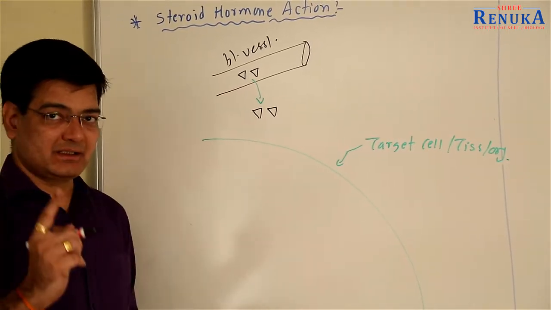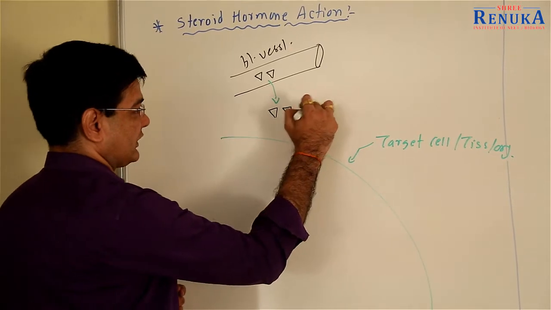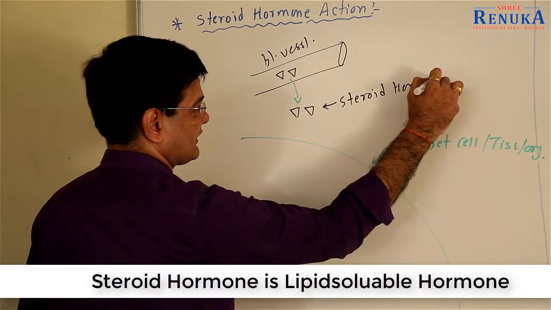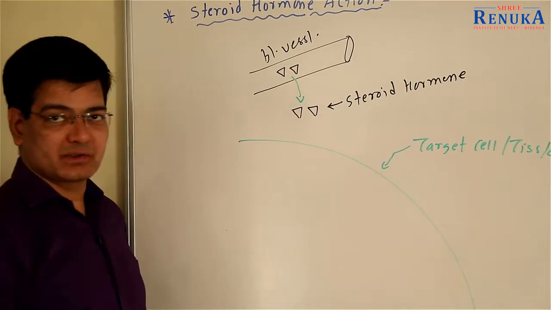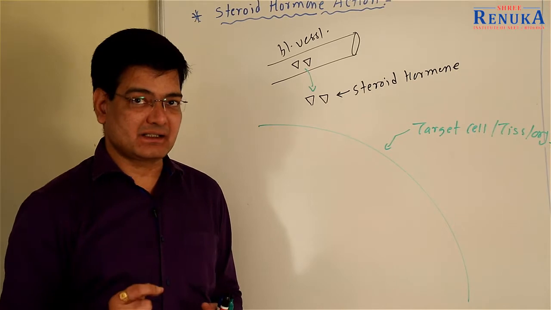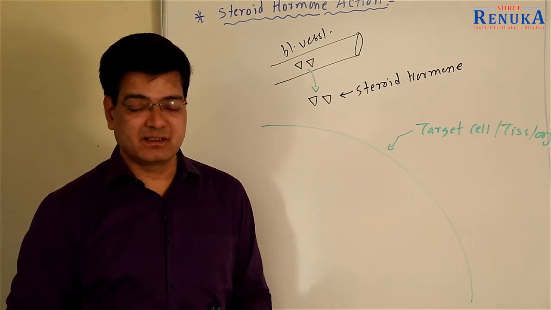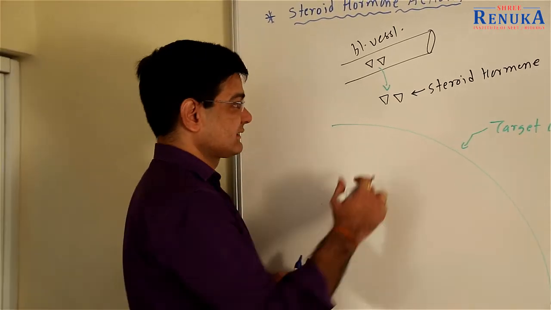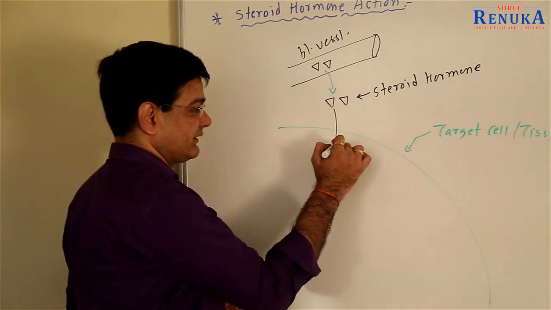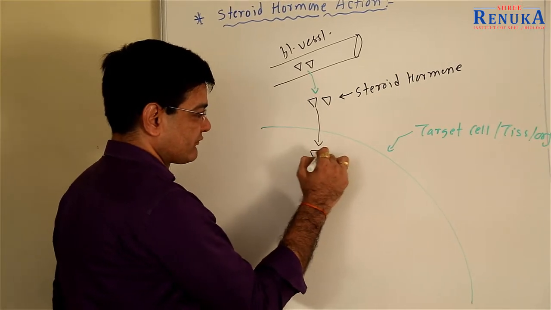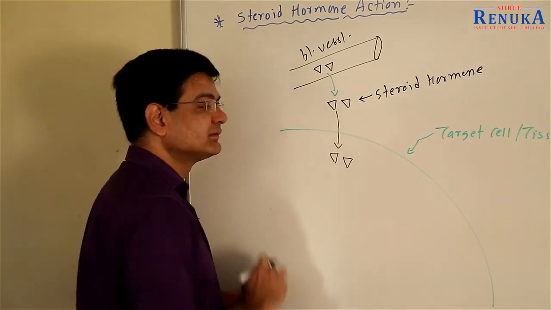Students, remember that steroid hormone is lipid soluble hormone. In the constitution of the plasma membrane of the target cell, lipid is present in the form of phospholipid bilayer, and through this phospholipid bilayer the steroid hormone enters into the target cell.